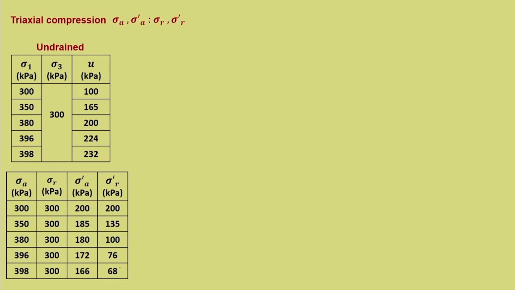So sigma R dash here is no longer constant. In the initial case it was constant, but now even though sigma R is constant, sigma R dash keeps changing, depending upon the pore water pressure. You can see 300 minus 100 is 200, whereas 300 minus 232 is 68.